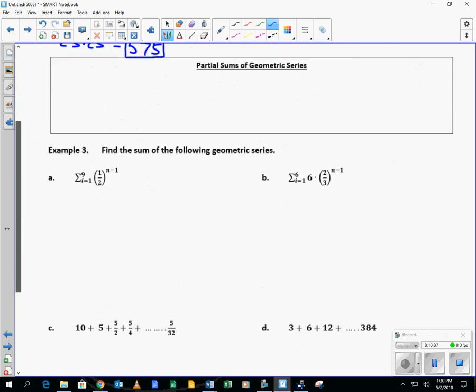So that's arithmetic. What if we have geometric? Well, the sum of the first n terms of a geometric series is equal to a sub 1 times 1 minus r to the nth divided by 1 minus r.